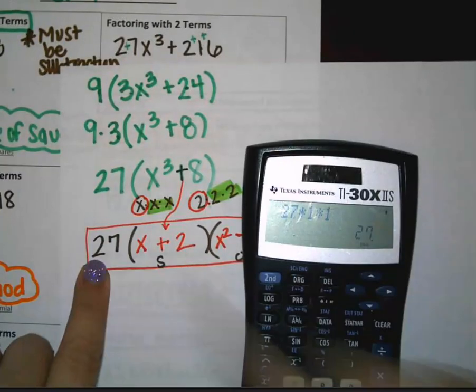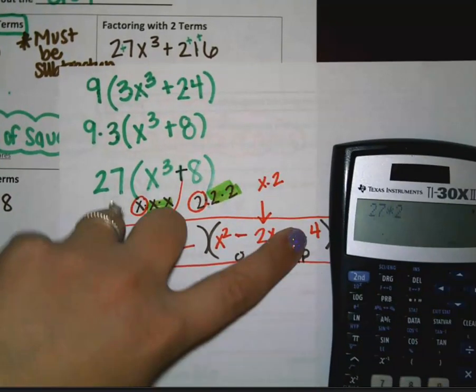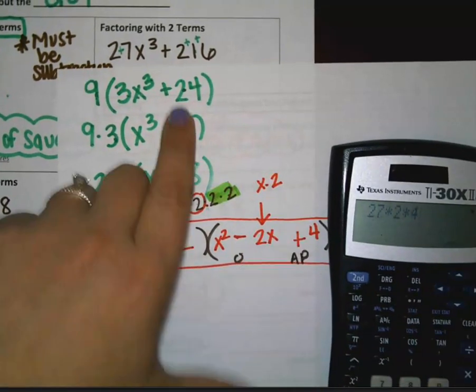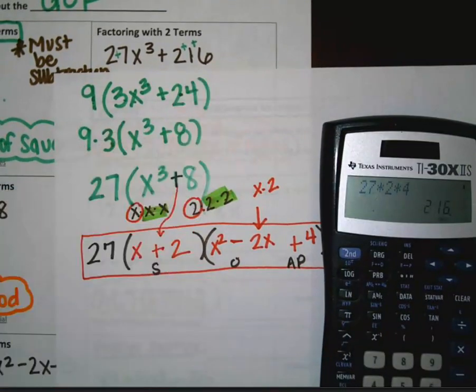Then I take the GCF and multiply it by the last number in the parentheses, and I will check for the 216. It doesn't mean I'm right, it just means I feel good, I'm on the right track.